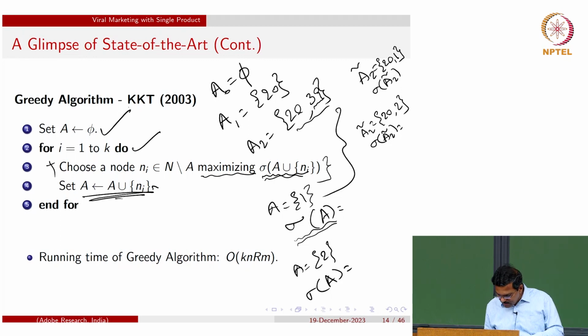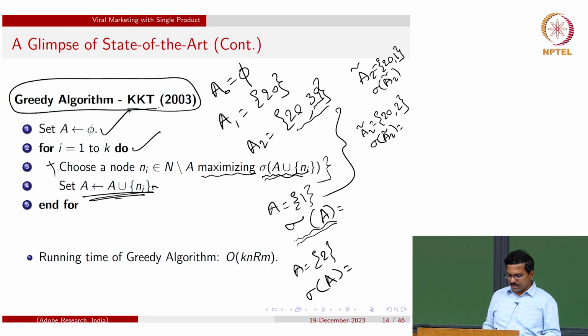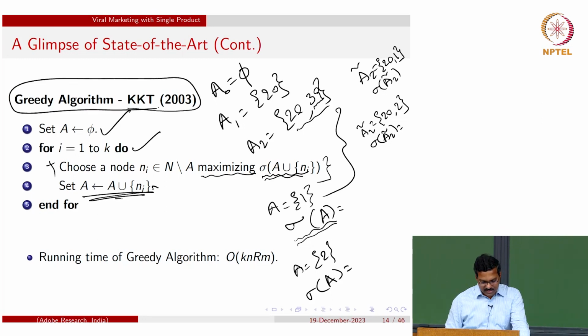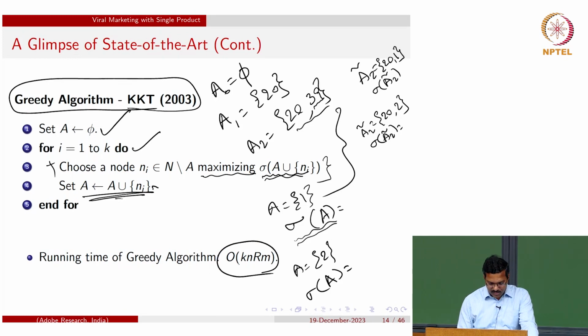This greedy algorithm was proposed in the 2003 KDD paper, and its running time is big O of KNRM. K is the number of nodes you have to select as influential nodes. N is the number of nodes in the network. M is the number of edges in the network.